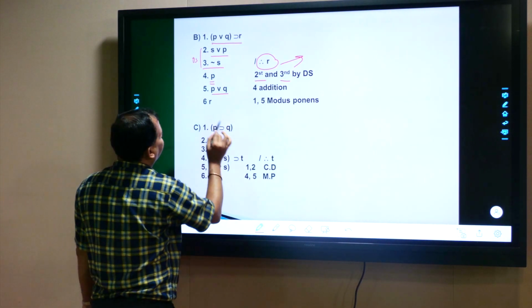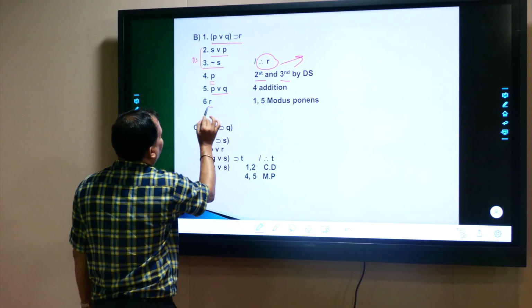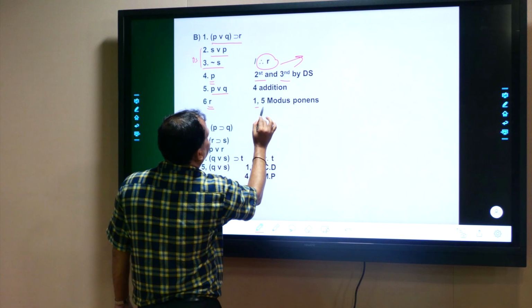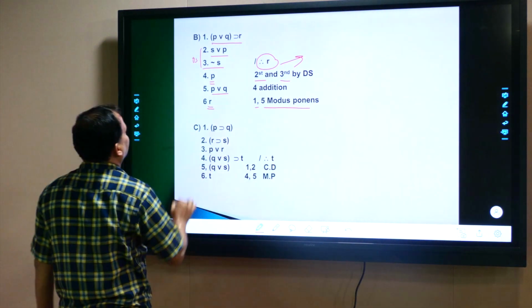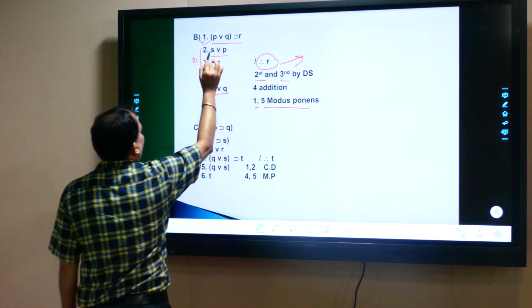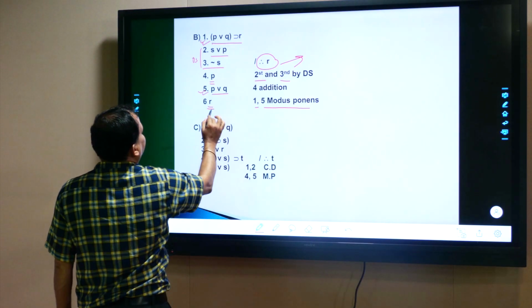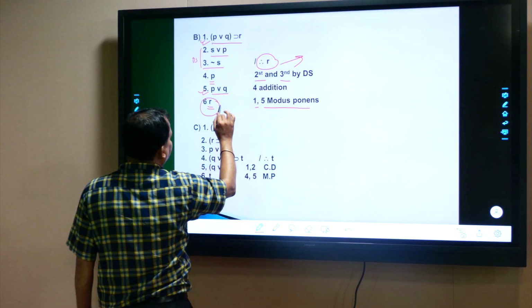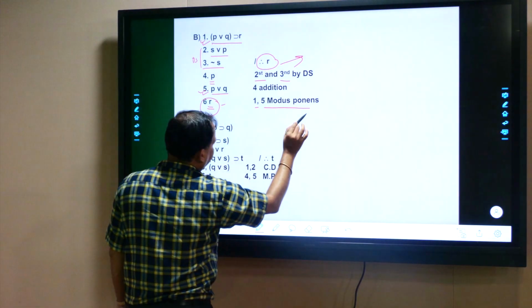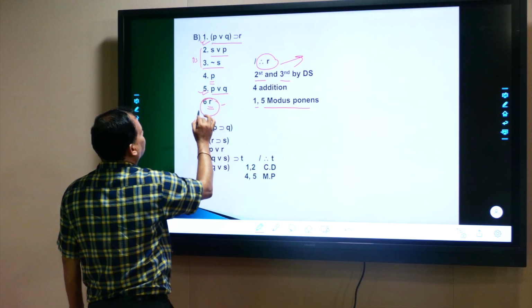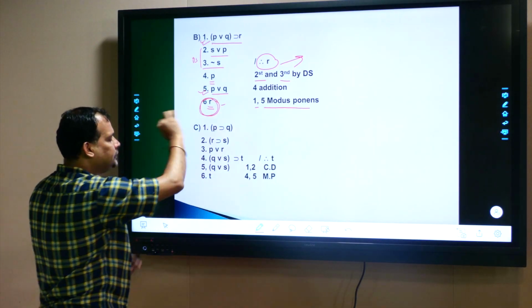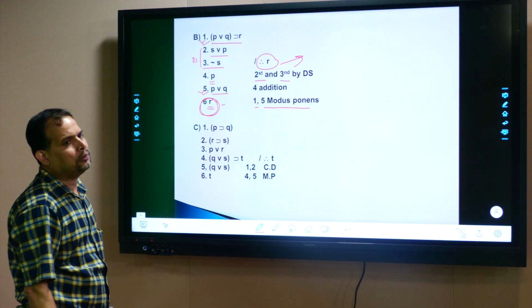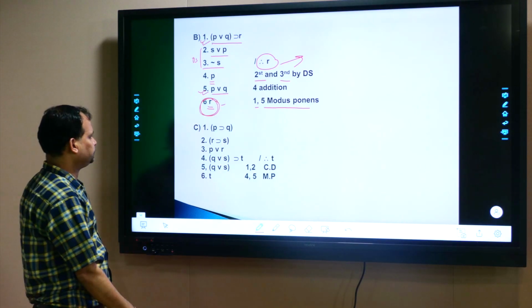Now you see the next step, how can we deduce the conclusion? 1 and 5 modus ponens. We apply here modus ponens rule on 1 and 5, then we find out the conclusion R. So this is another solved example of rules of inference, dear learners.